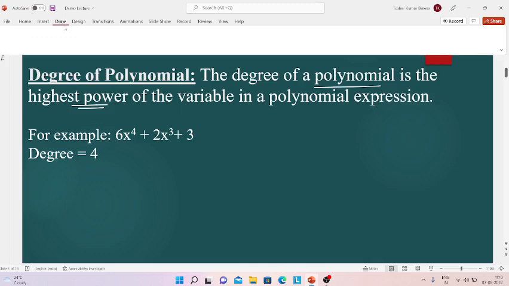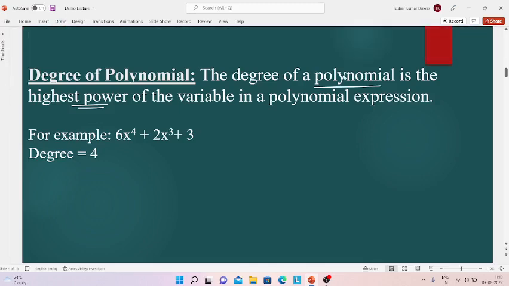So the degree of a polynomial is the highest power of the variable. From the previous slide you can see the variable is x, right? Sometimes an expression is given to you with variable y, sometimes with variable z, right? So it is not necessary that you will get a polynomial expression in terms of x.